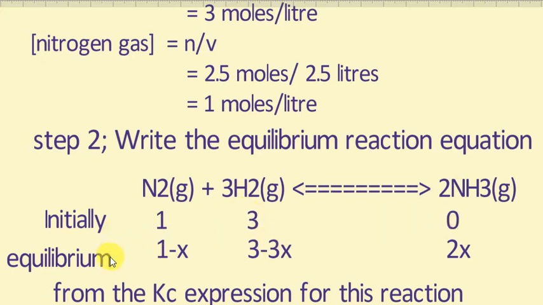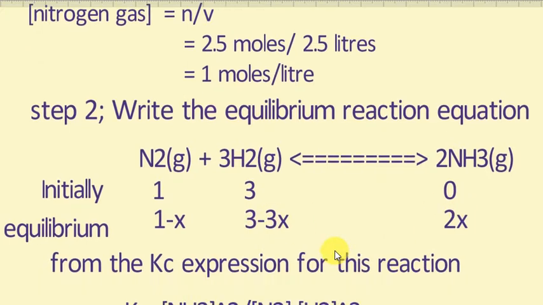At equilibrium we will have 1 minus x, 3 minus 3x, and 2x, written according to stoichiometry, as we discussed in most equilibrium questions. The amount used up in the reactants is formed in the product, according to the stoichiometric ratio.